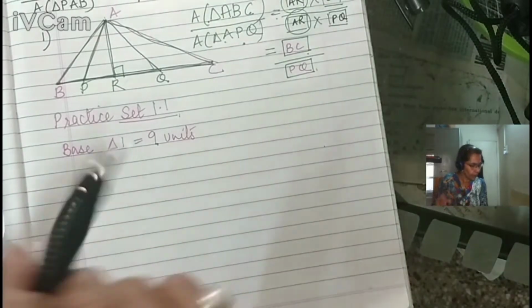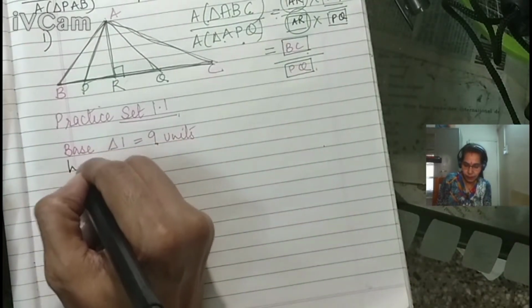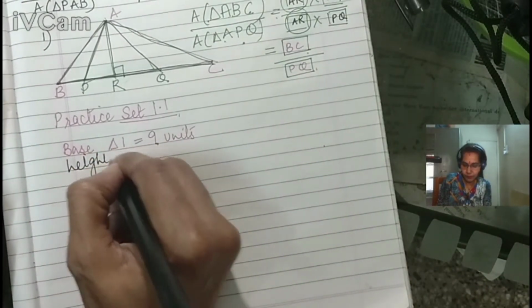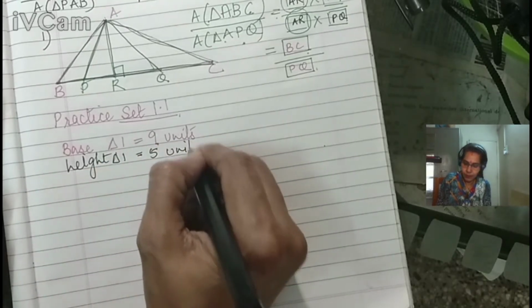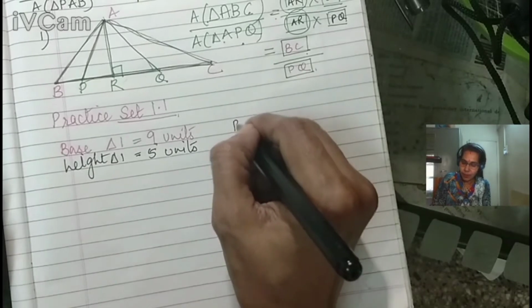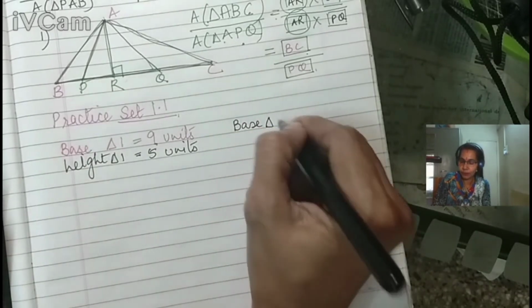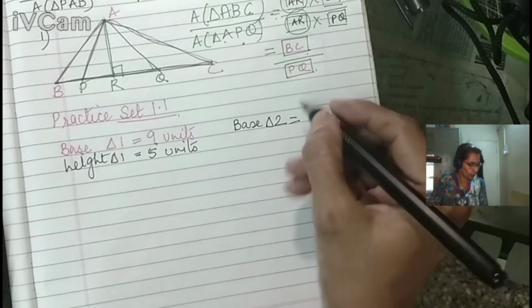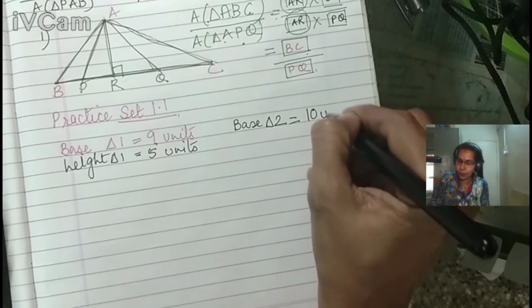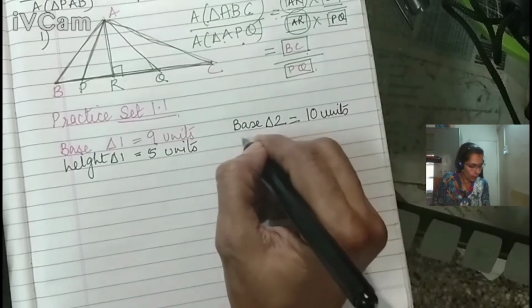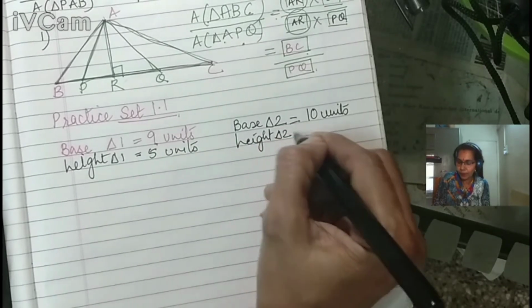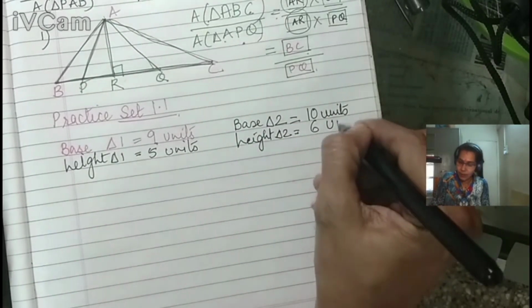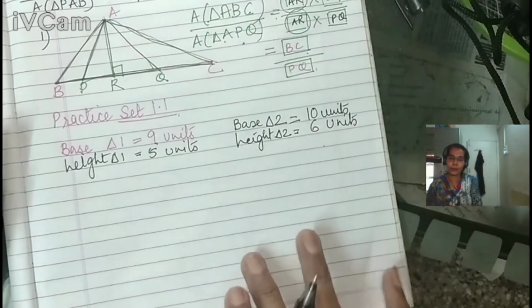Then height of triangle 1 is equal to 5 units. Base of triangle 2 is equal to 10 units. Height of triangle 2 is equal to 6 units.